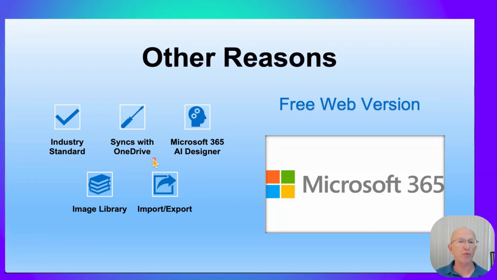It syncs with OneDrive. So if you're using PowerPoint and you're using the Microsoft 365 version or the free web version, your PowerPoint presentations are automatically synced with OneDrive if you turn on the auto save function when you want to save a PowerPoint presentation. Your tool includes AI Designer when you've got Microsoft 365.